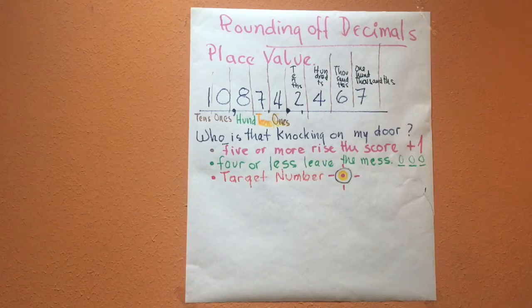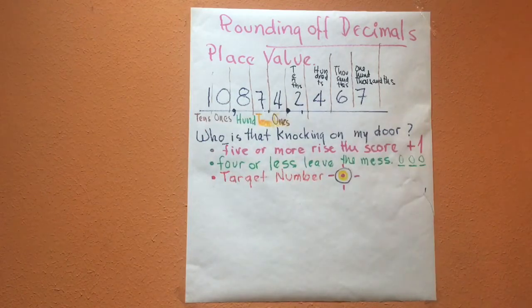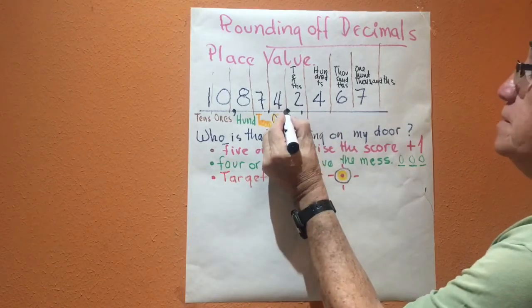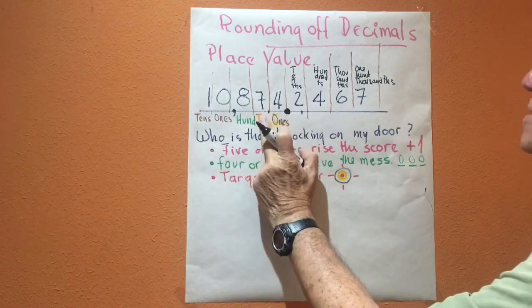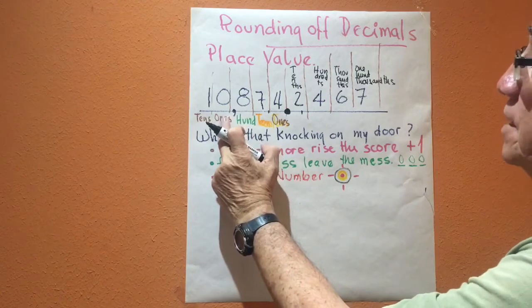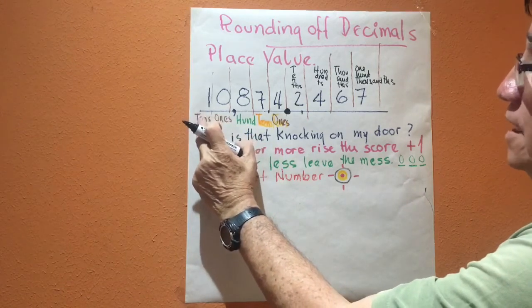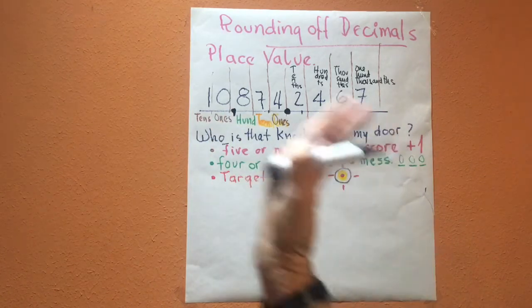Well, in order to do the rounding, we have to be sure to know very well the place value of a number. Here's an example of a place value where we have the decimal point, then we have the ones, the tens, hundreds, thousands, and ten thousands. So remember, this comma is telling us that the thousands are coming.